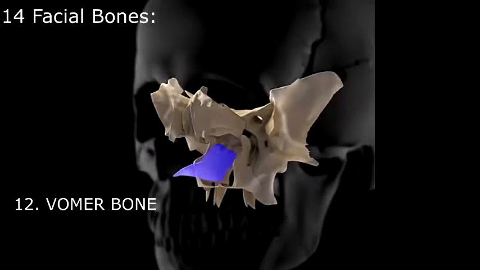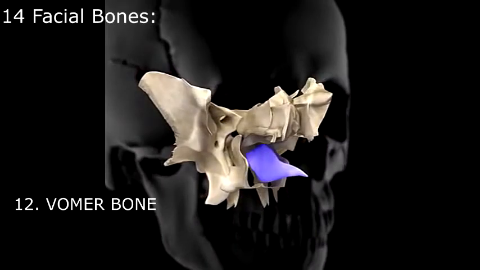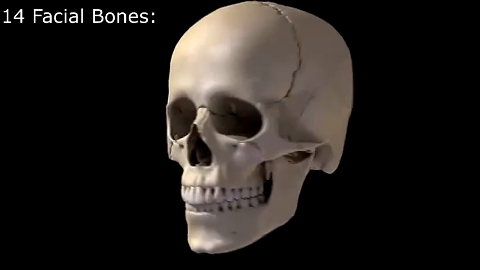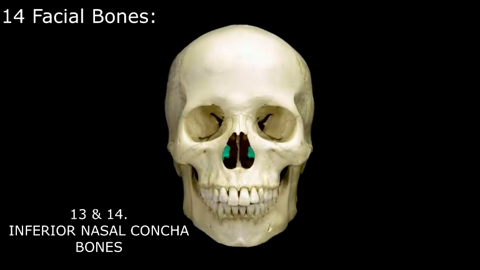This is the claw-shaped vomer bone. And the last is the left and the right inferior nasal concha bones. To make things easy to understand, this is another 3D presentation of the cranial bones and facial bones.